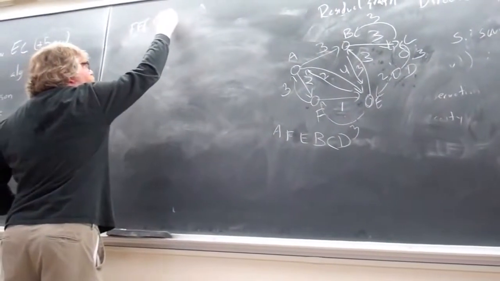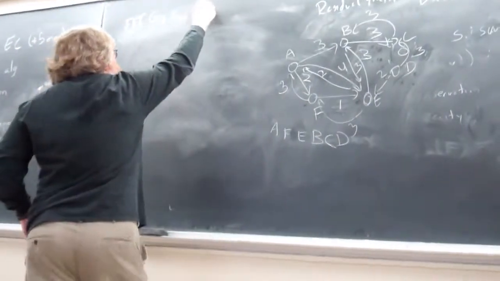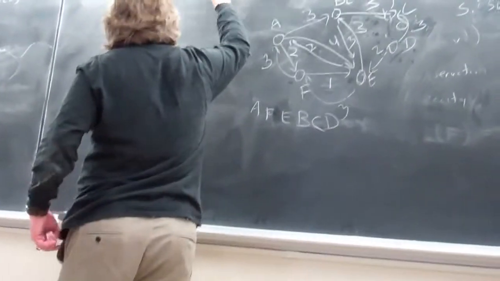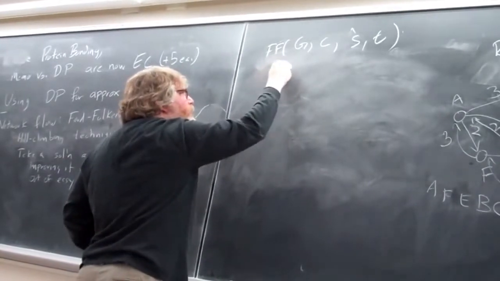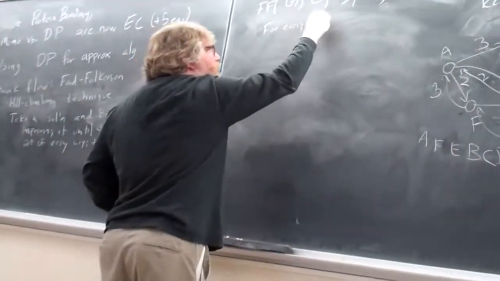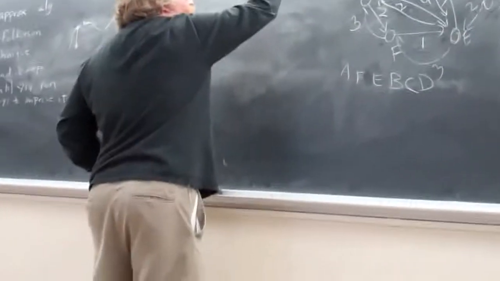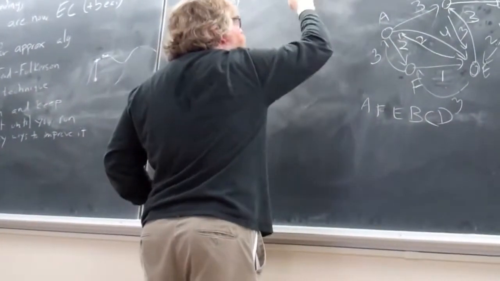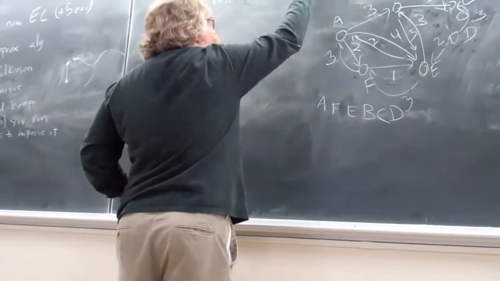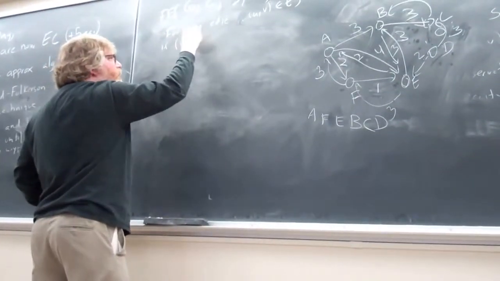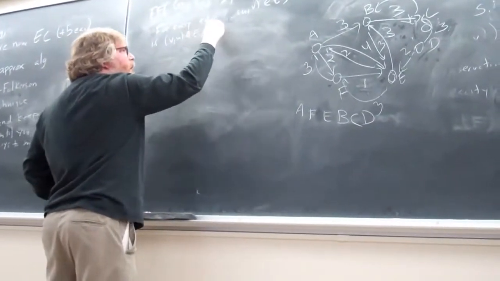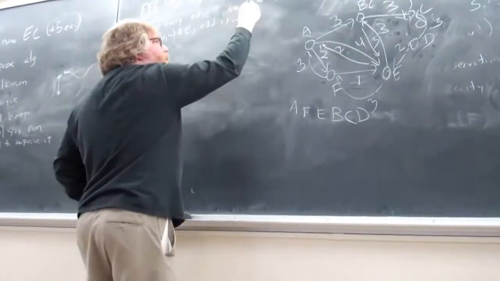I just have a question. When you run the method on a graph G with capacity C, a source and a sink, first, for every edge U to V, if the edge from V to U is not in E, add it with capacity 0.